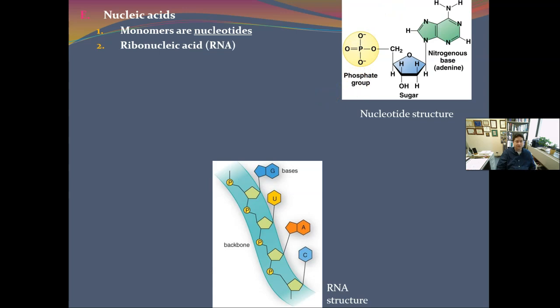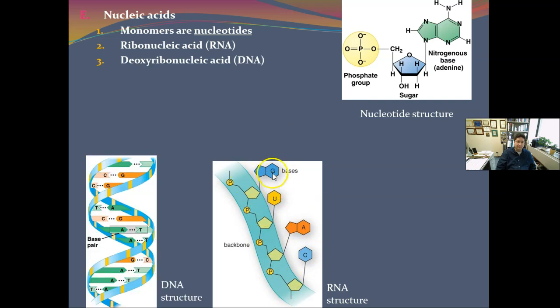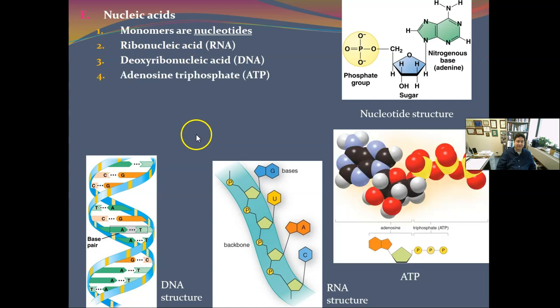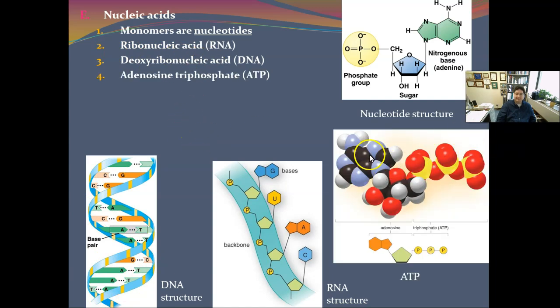There are 3. RNA, ribonucleic acid. Look how we've hooked together 4 nucleotides here. DNA, which is a little bit bigger and thicker than RNA, deoxyribonucleic acid, and ATP. ATP represents chemical energy in living organisms.